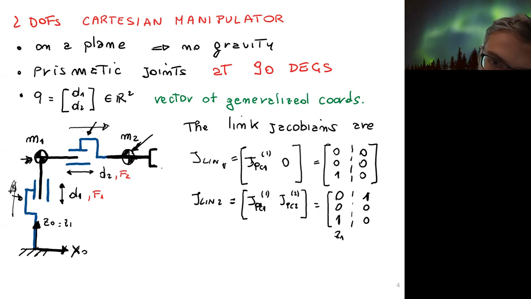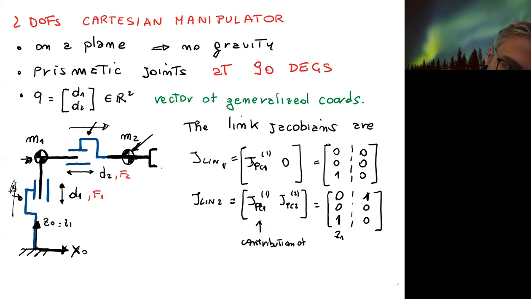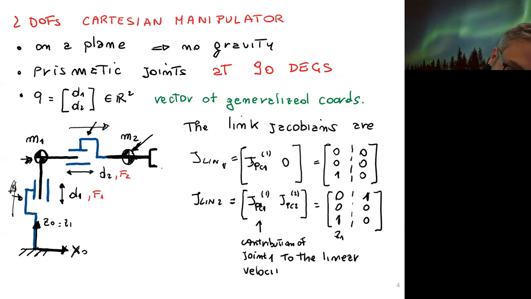So it will be something like this, and this is the contribution of joint 1 to the linear velocity of the COM of link 2.